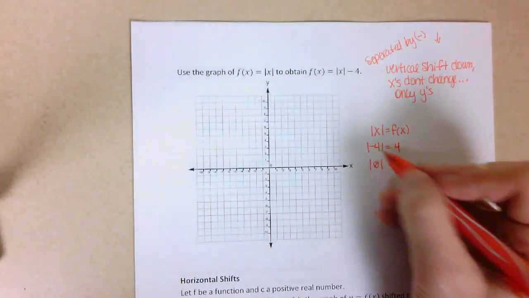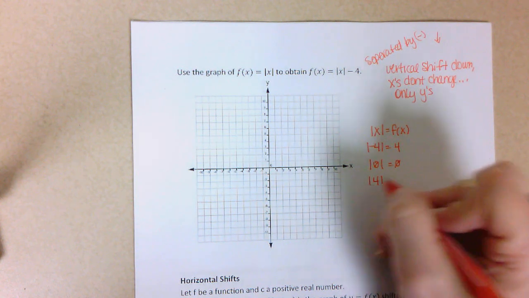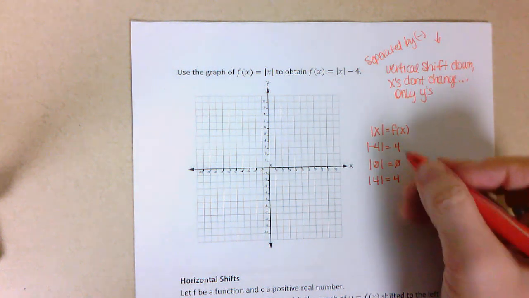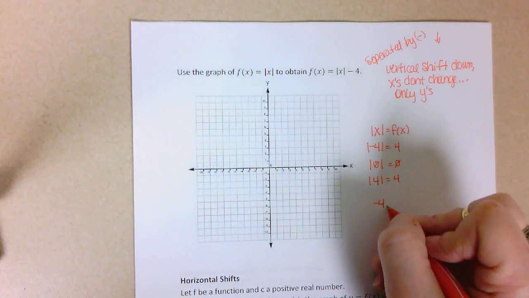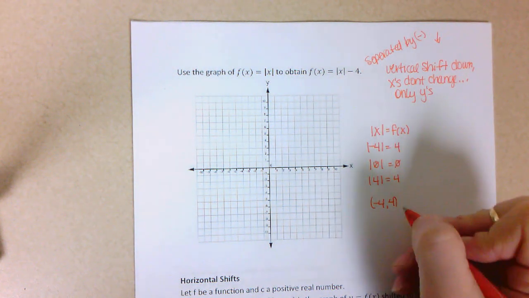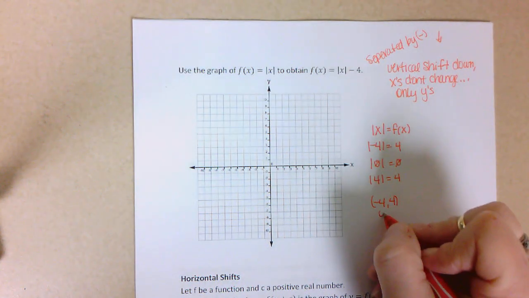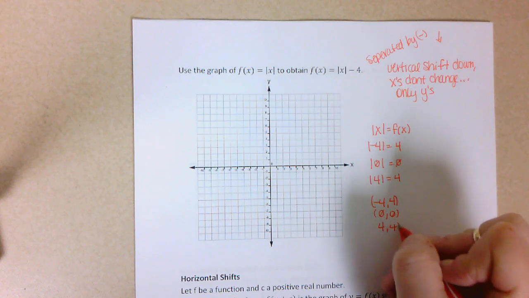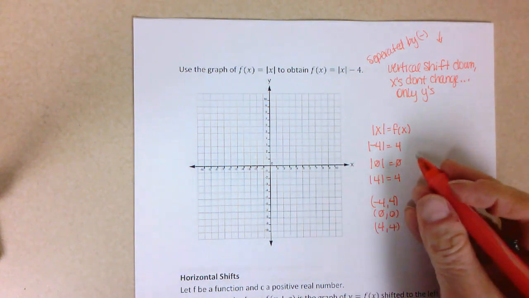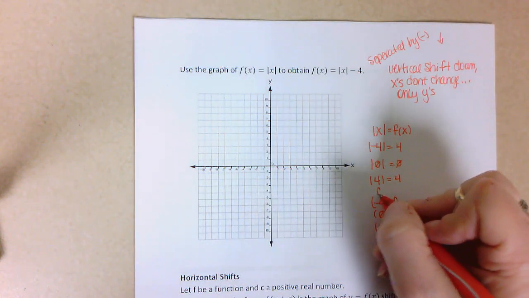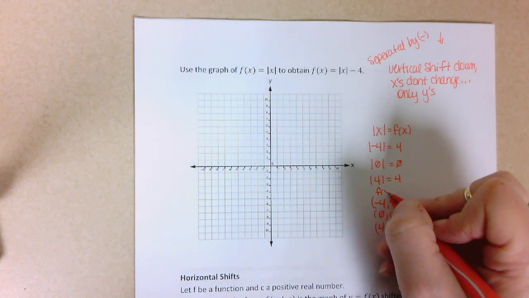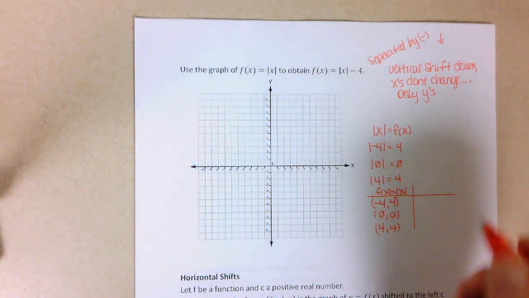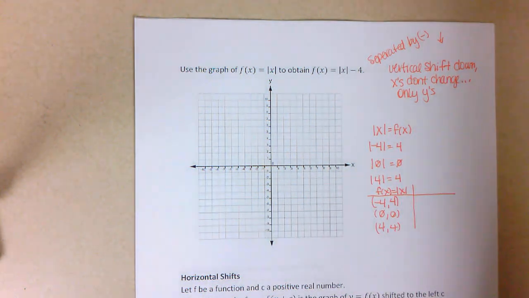Okay, and then another, let's do positive 4. Well, that is going to give us 4. So we could write these like negative 4, comma 4. Right? Ordered pairs. 0 and 0 and 4 and 4. So this is our f of x. The absolute value of x.